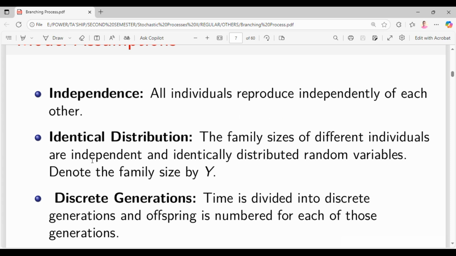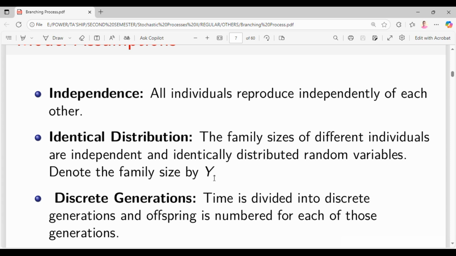And there should be identical distributions of the family sizes. So the family sizes of different individuals are independent and identically distributed, that is, IID random variables. Each of them is denoted by the family size Y. That's where the identical case comes in. They are all following some distribution, just that the family sizes may be different. Let's say the family size follows a binomial distribution; it is going to follow it for all the children in the generation.